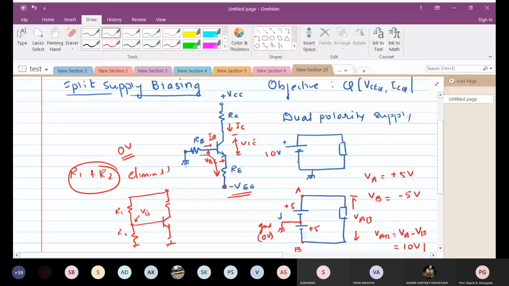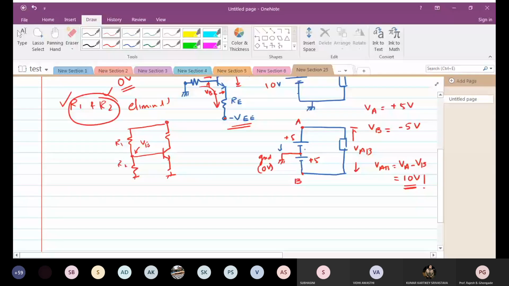In fact, this resistor many times also may not be required, but at least I have eliminated one resistor. In addition to that, we'll see more details when we go for amplifiers: the DC content can be reduced to a very small value in the output. So have you understood the concept at least?